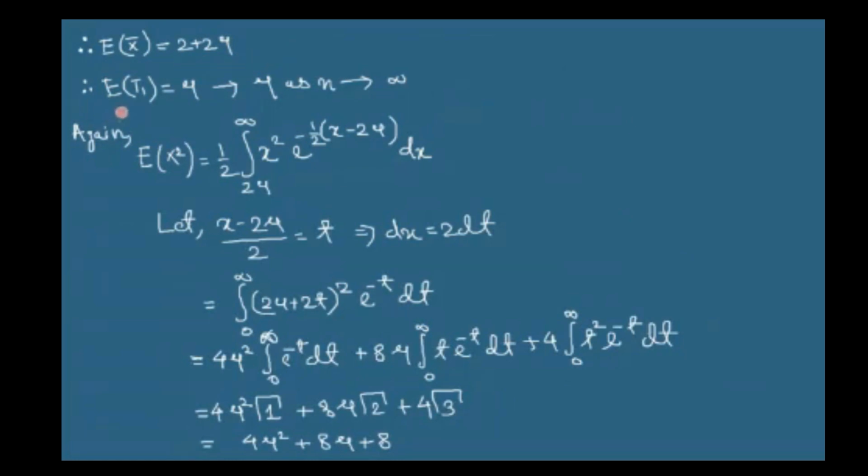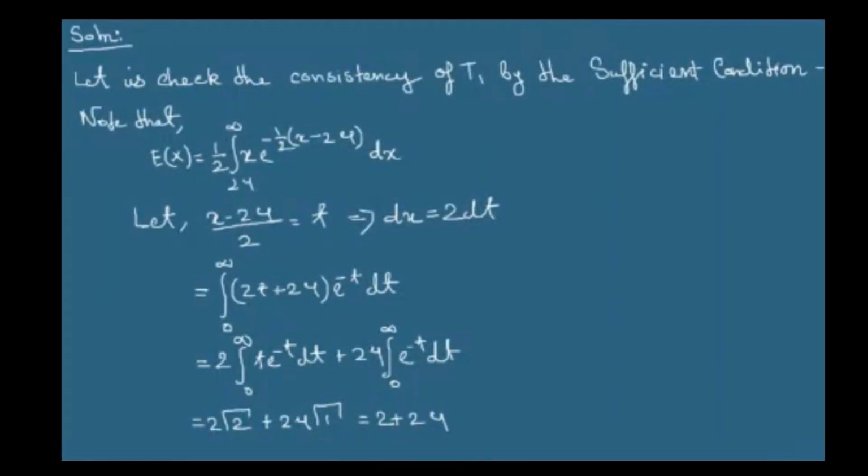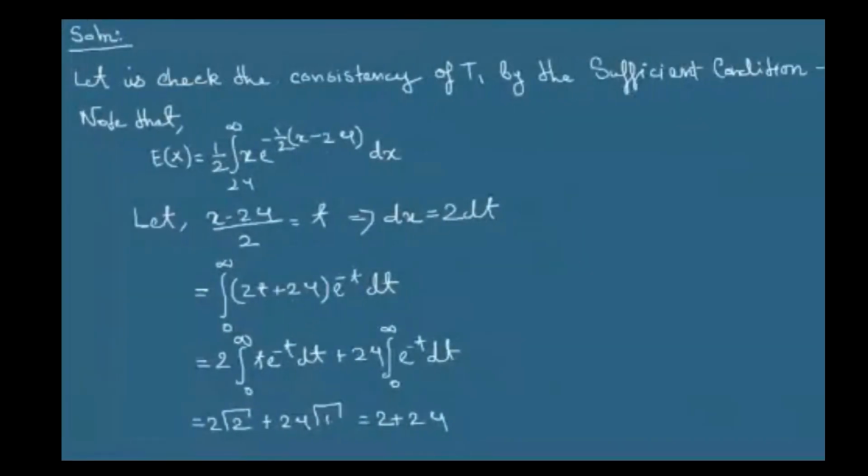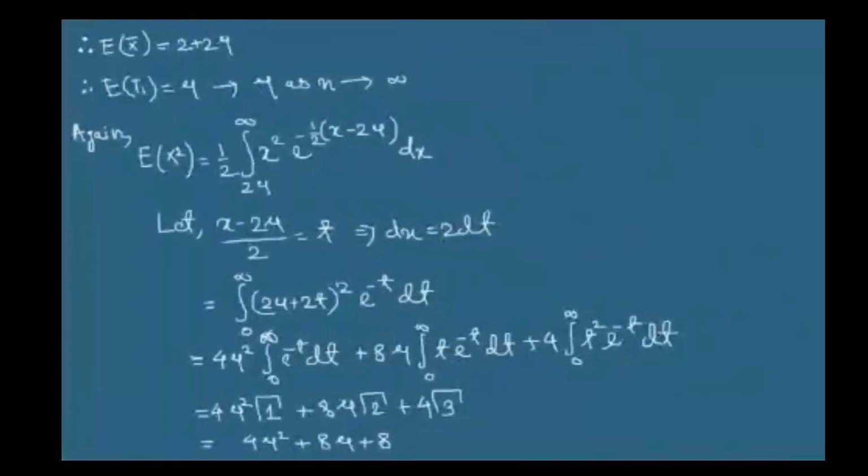Now, expectation of T1. So, what was our T1? T1 was X̄ - 2. So if we take expectation of T1, we get μ, which tends to μ as n tends to infinity.